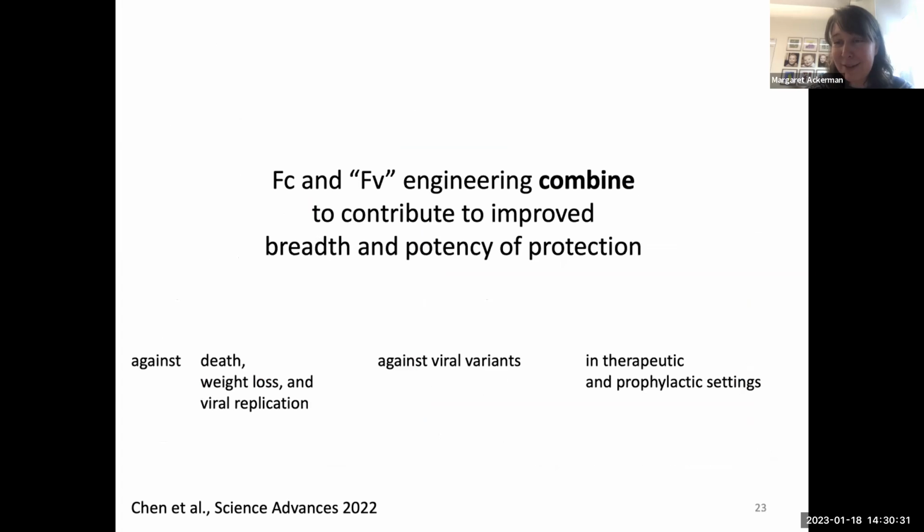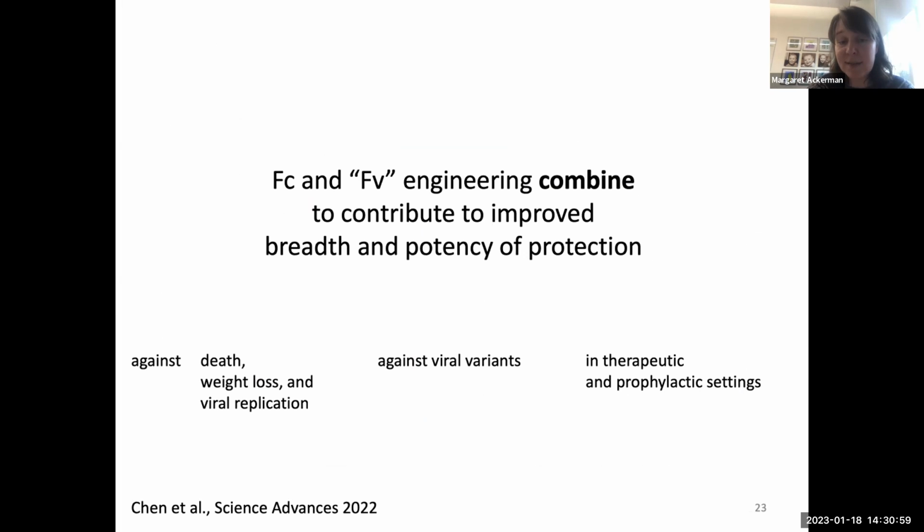And so in combination with other in vivo data and in vitro data in that paper, I can summarize it briefly just to say that both Fc and Fv engineering really combined. They can reinforce each other, combine, and make additive contributions to improving the breadth and potency of protection. In this study, that's shown for death, for weight loss, for viral replication.